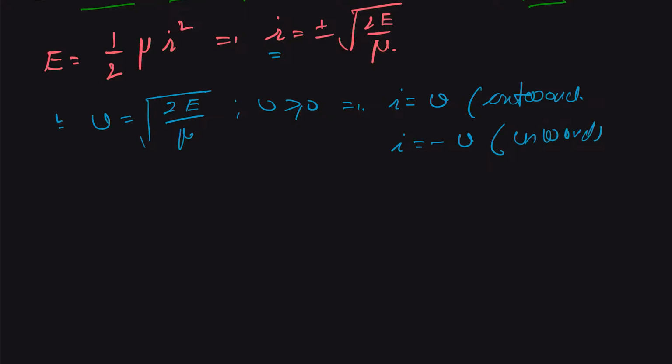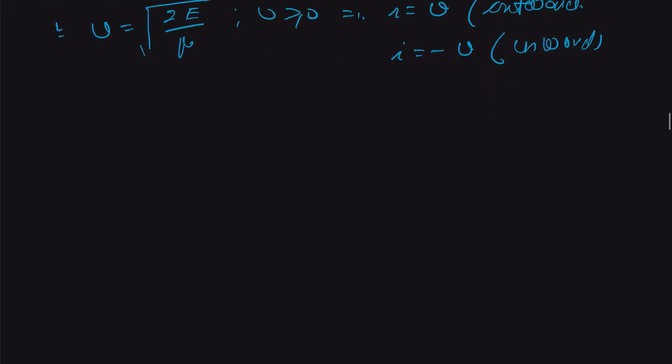It means the radial velocity is uniform and it is only in the radial direction. So we can say that the radial velocity is uniform and in the radial direction. Okay.